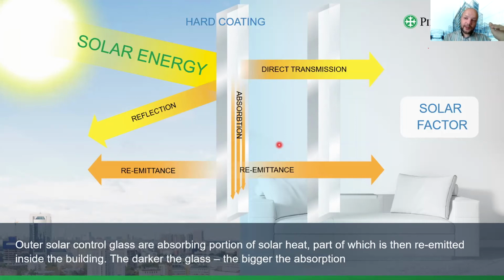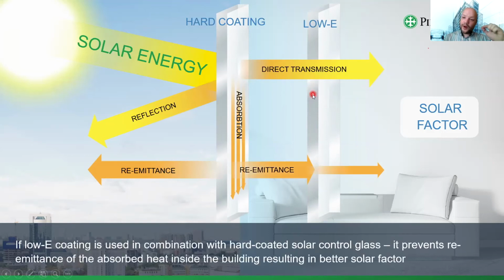What can we do? We can install a low E coating on the inner pane to decrease the solar factor. Now, why does the solar factor decrease here? Because again, the re-emitted radiation, this one, is the long wave infrared heat, so our heat. And low E glass is designed exactly to counter that type of heat. Low E is not designed for countering solar energy. It is designed to counter normal low temperature heat.